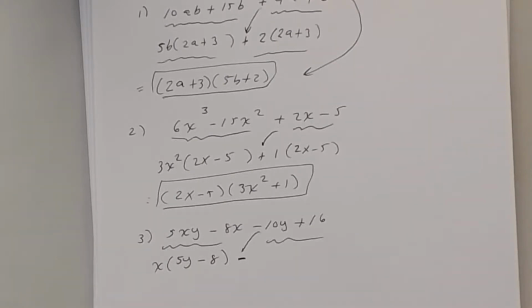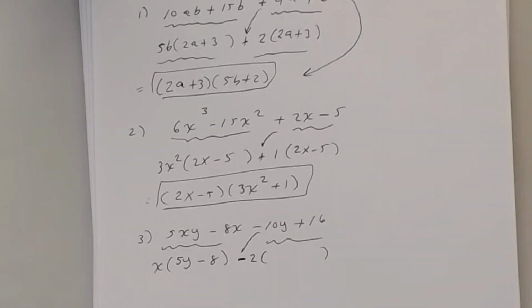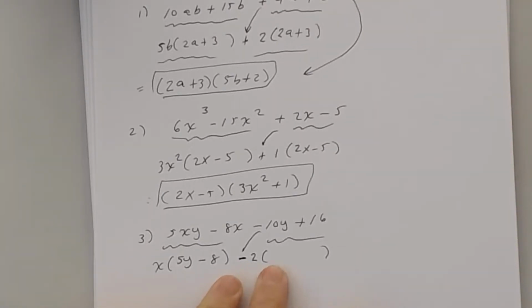Now, what's the GCF that I have here? 2. So I'm going to factor out, though, not a 2, but a negative 2. Now, remember the distributive property. Negative 2 times what is a negative 10y? 5y.